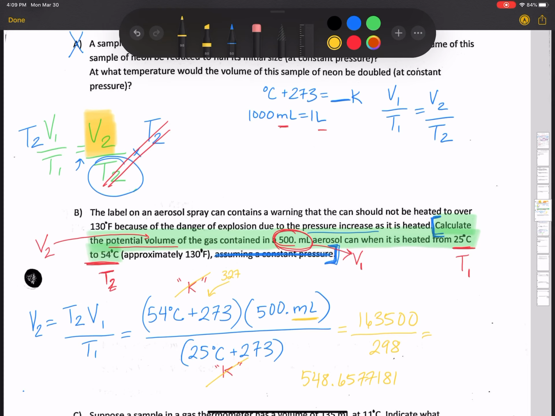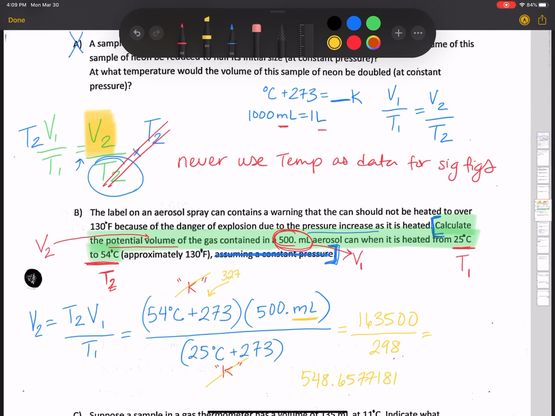Here's some important information about sig figs for this unit. You're never going to use temperature as data for sig figs. So let me write that out in a way that you're not going to forget it for a quiz or a test. You're never going to use temperature as data for sig figs.